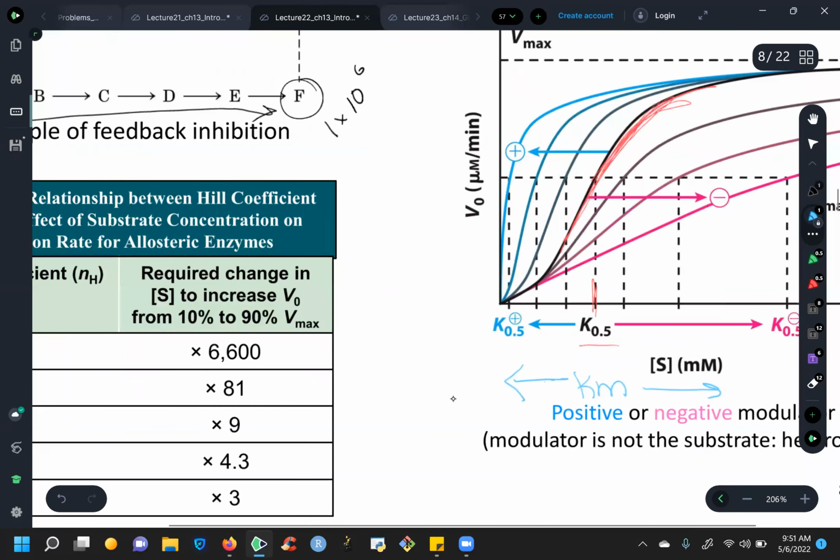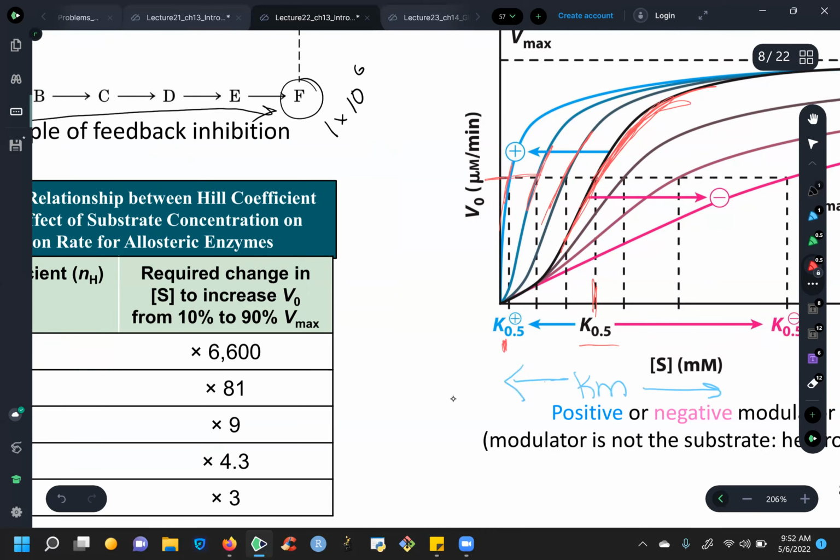This makes sense because if you look here, these lines are really steep. The steeper the curve, the more effective the enzyme. Right here we have a really low concentration of substrate, but look at the velocity here.